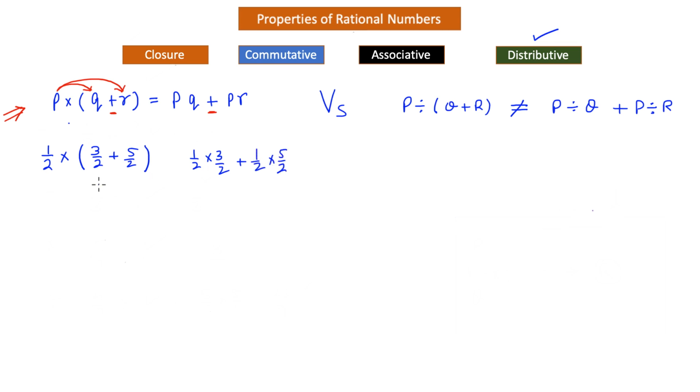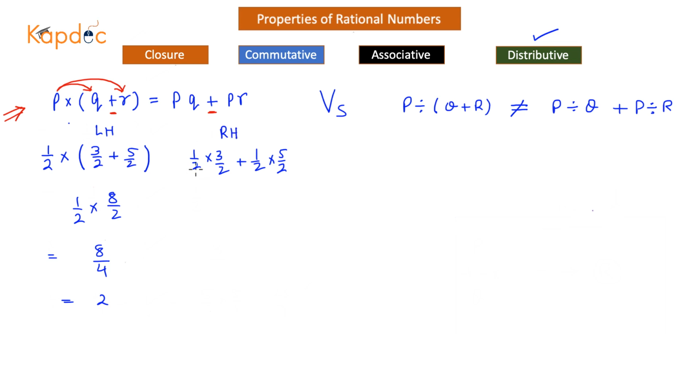And let's evaluate. So in this case, on the left hand side, when we open up these parentheses and evaluate this, 3/2 plus 5/2 is 8/2, times 1/2, and that will be what? 8/4, or in other words, it's equal to 2. Okay. Now let's evaluate the right hand side.